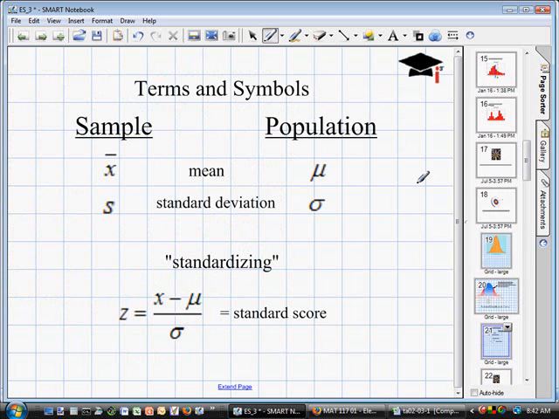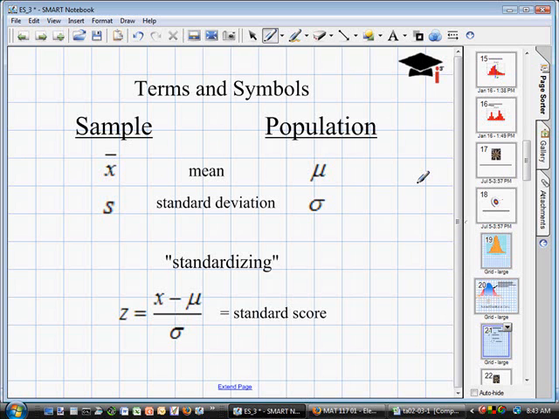Okay, now we're going to transition to a few additional symbols here. On the left, this is what we've been using up until now, right? This stands for the mean, and we've been using, I think, S or SD, the standard deviation. That's true in a sample, like sample surveys.